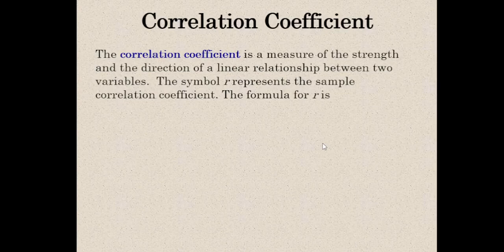So what is that correlation? How it is represented? So we are using symbol small r for representing the correlation. So small r लिख सकते हैं, small r bracket x comma y लिख सकते हैं. X comma y indicates that it is a correlation between x and y.